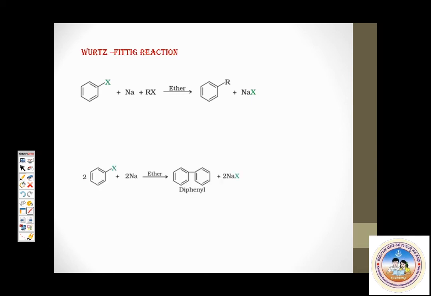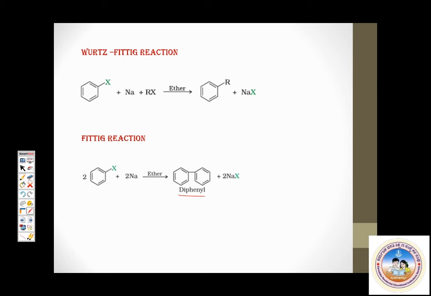There are a couple more reactions. Just like how you have Wurtz reaction for haloalkanes, you have a reaction called Fittig reaction for haloarenes. Two haloarene molecules interacting with sodium metal give you diphenyl. Haloarenes reacting with metallic sodium in presence of dry ether give diphenyl. A reaction very similar to Wurtz reaction, you call it Fittig reaction.